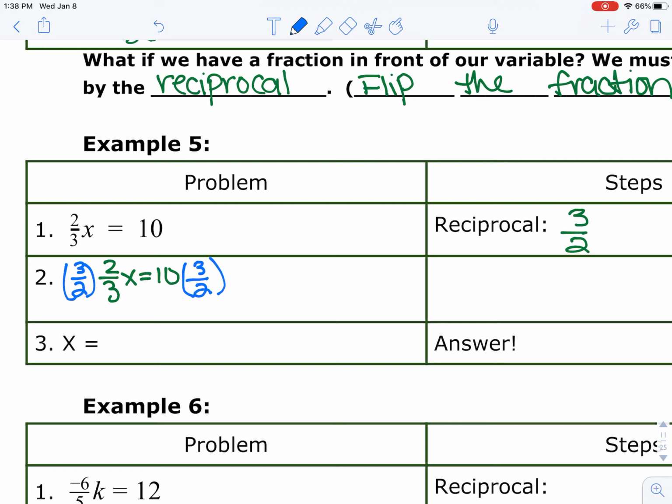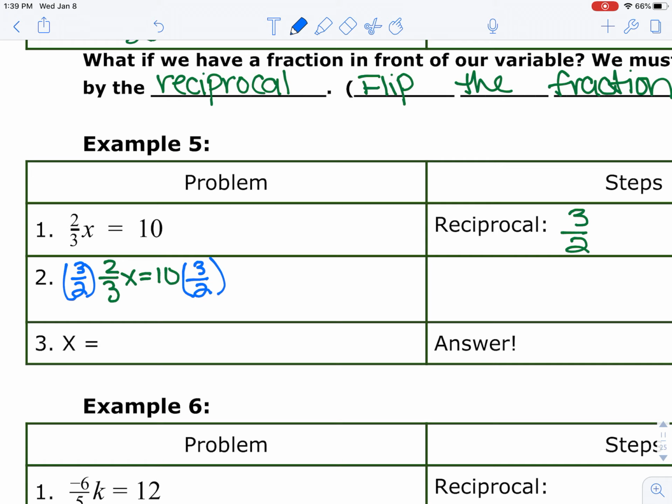And think about when you multiply fractions. You're multiplying your numerators together, you're multiplying your denominators together. So if I did 3 times 2, that would give me 6. And if I did 2 times 3, that gives me 6. 6 divided by 6 is 1x, which is what we want. We only want one of them.